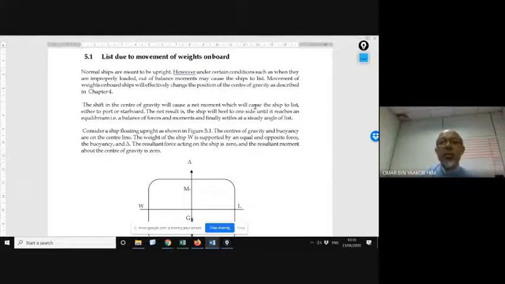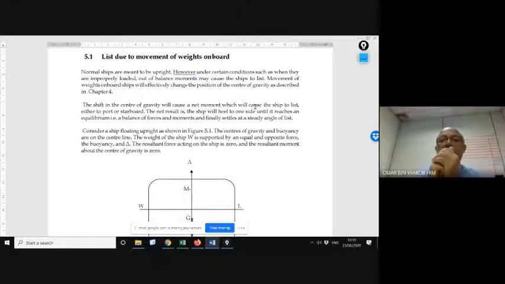So when we see the ship listed to one side, it means that it has been there for quite some time, and most of the time it is because the center of gravity is no longer exactly on the center line.